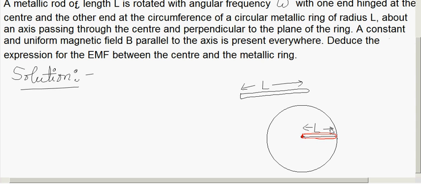Now this rod is rotated with angular frequency omega.